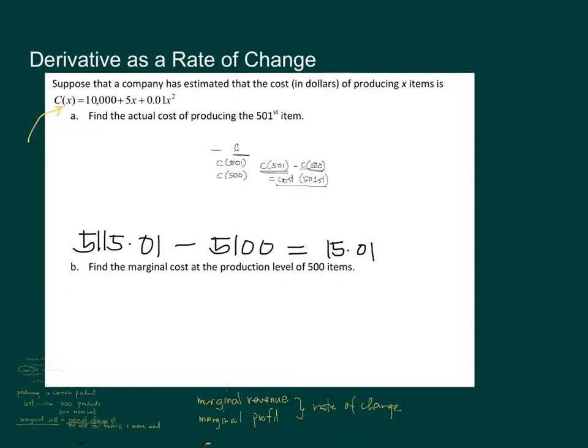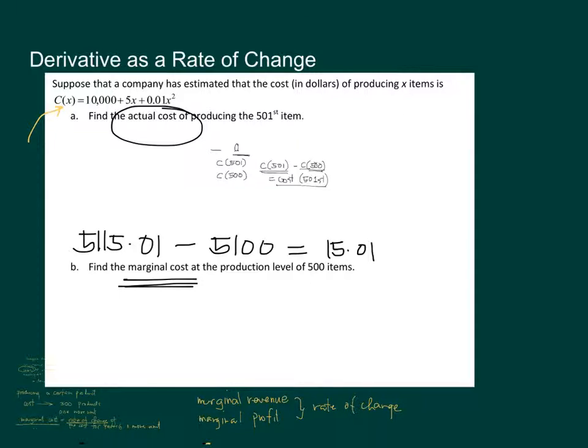And if you remember, we talk about the change or the rate of change of the cost per additional quantity as the marginal cost. So the derivative idea will allow us to solve or estimate that actual cost of producing the 501st item by looking or by solving for the marginal cost.